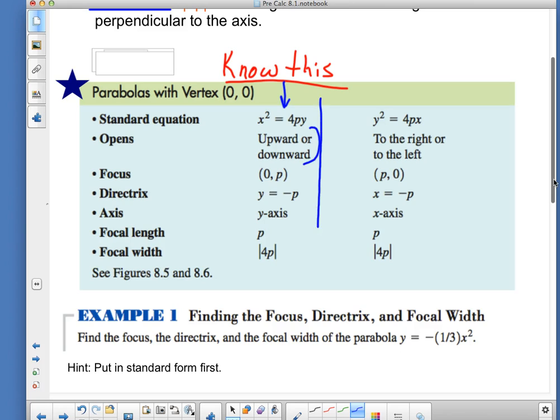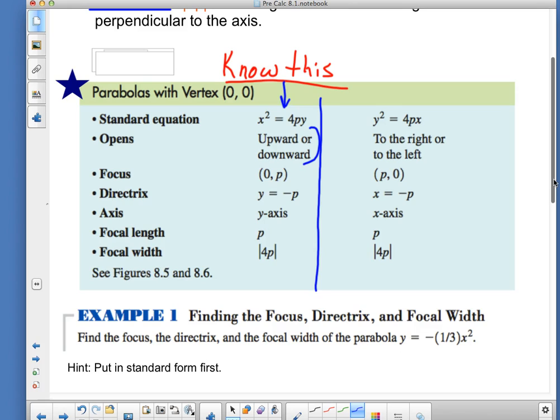Everything on this column is for open upward or downward. The focus changes because it's open upward or downward. The directrix is y equals because that's a horizontal line, okay? Because of open upward or downward, the directrix is horizontal as we go through. If it's open left or right, the directrix is vertical, so it'll be x equals.